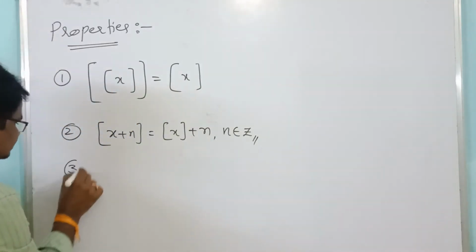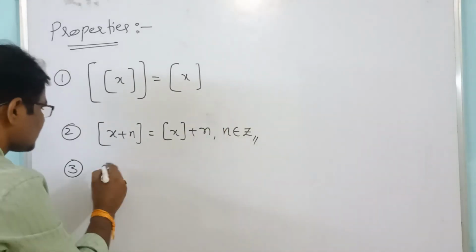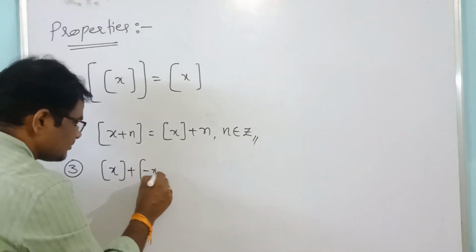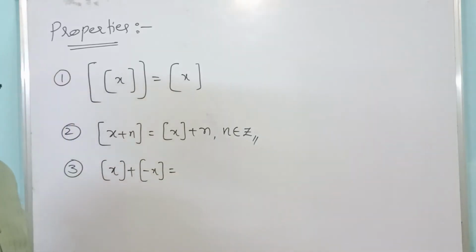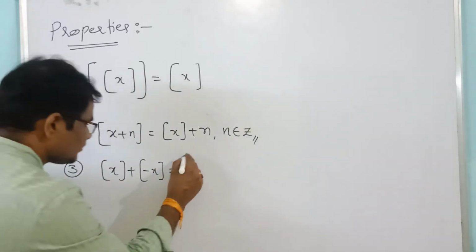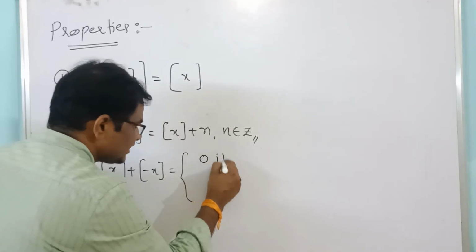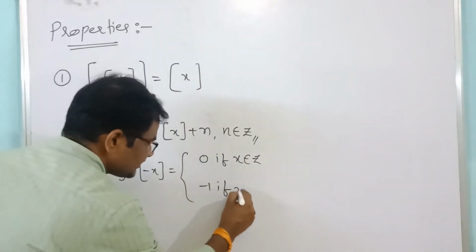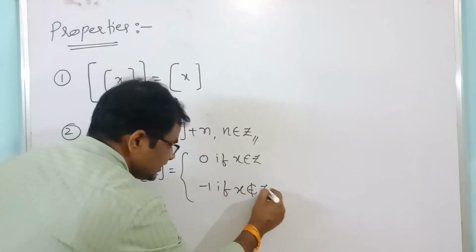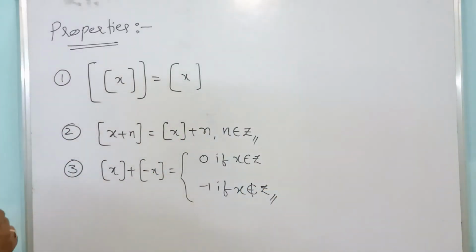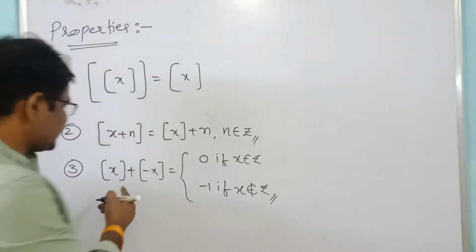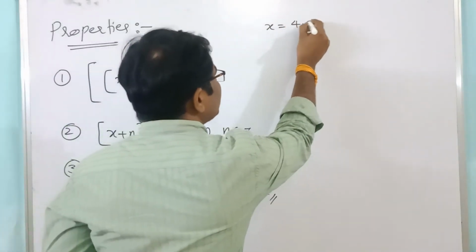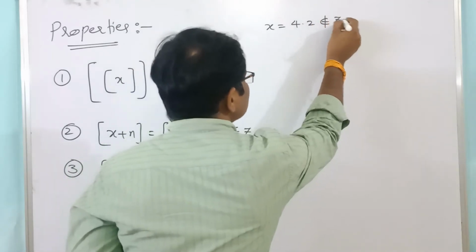Next, the third one: the greatest integer of x plus the greatest integer of minus x equals 0 if x belongs to integer, and minus 1 if x does not belong to integer. This is also one of the important properties. Take x equal to 4.2, which does not belong to integer.